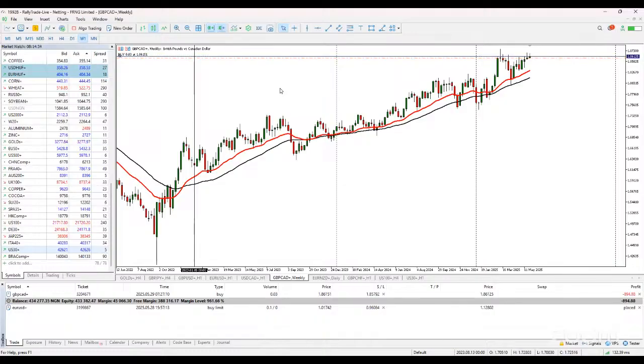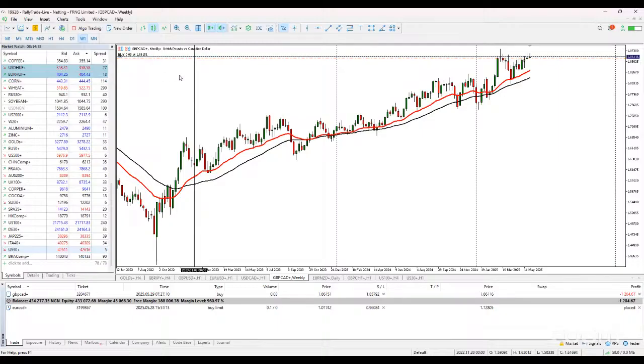That's not how they determine bullish. You can see the higher highs and higher lows, higher highs, higher lows. So it shows that this is a bullish trend on GBP/CAD.